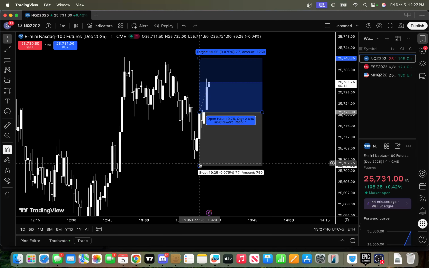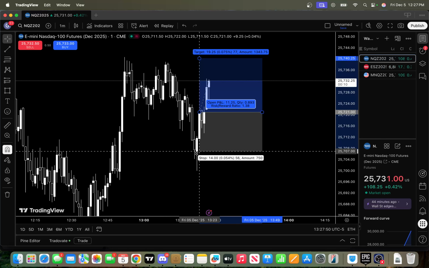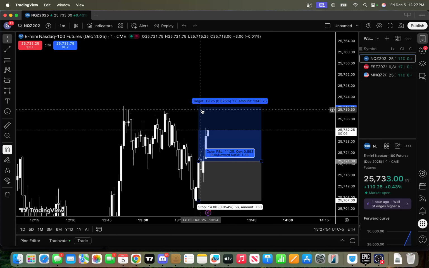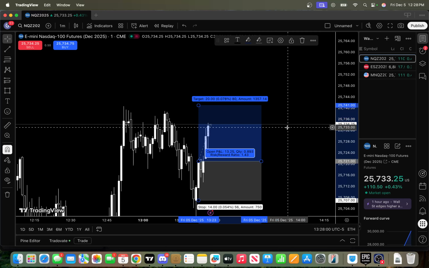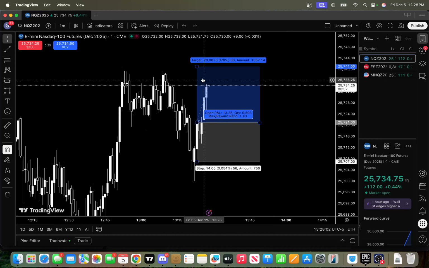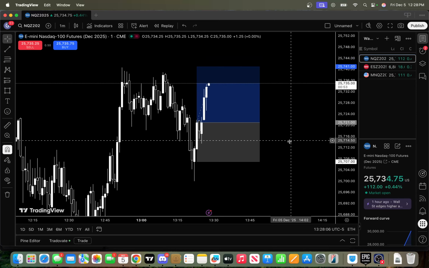Say I want my stop loss right here, just as an example. And let's say I want my take profit here. I'll put it here just for simplicity's sake, at a flat 20. I just want it here, and I have my stop loss here.